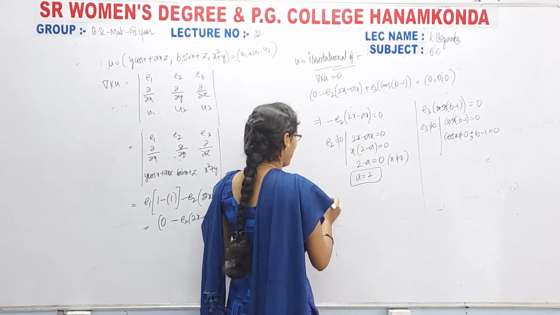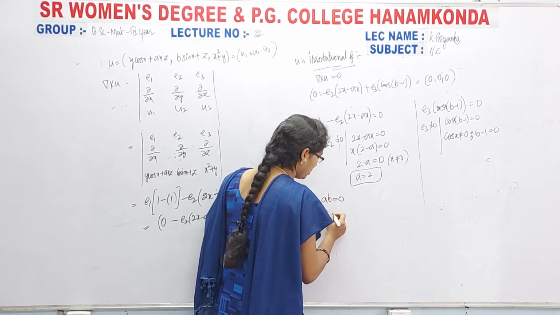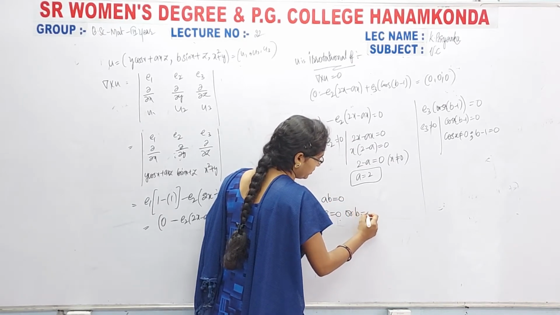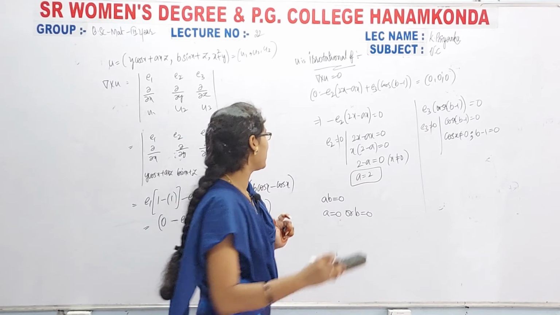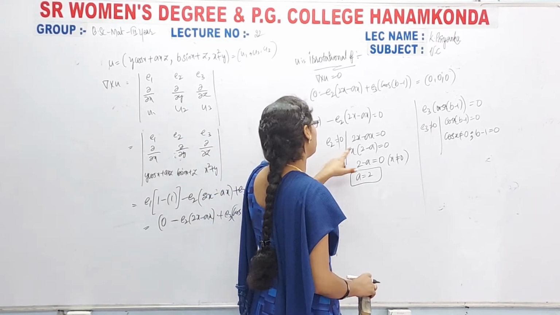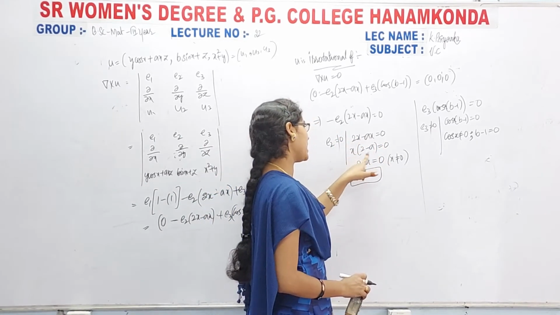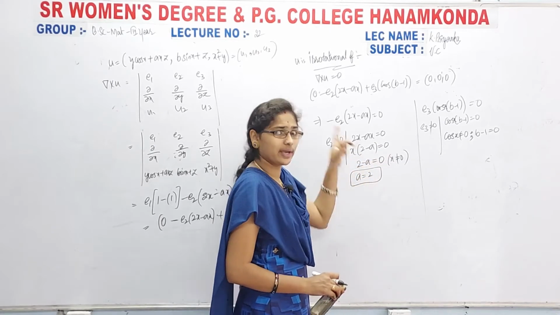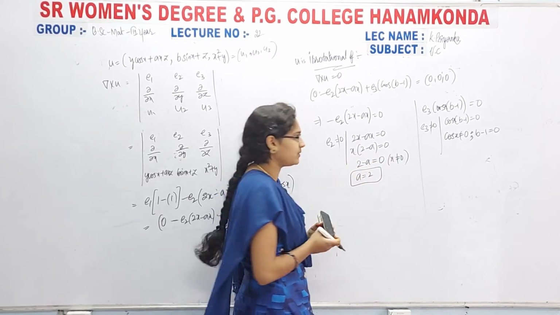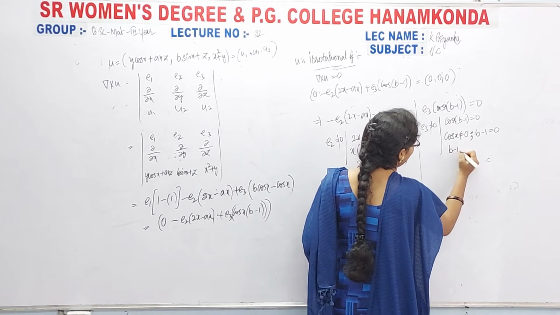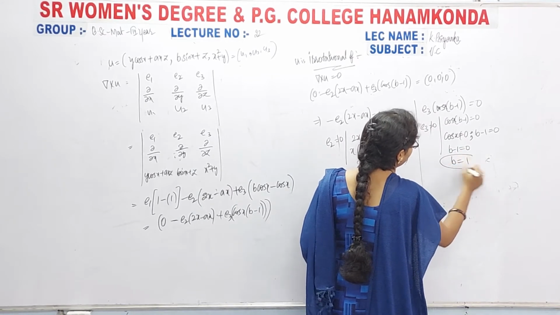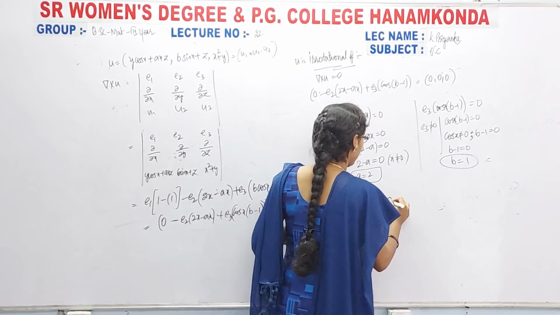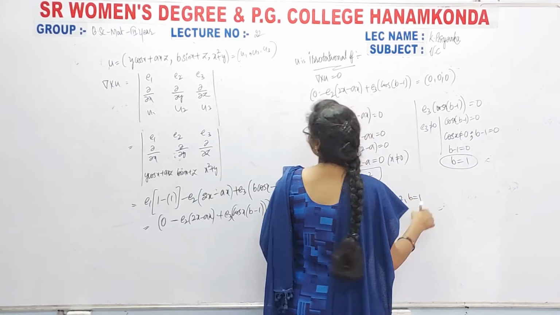If I have a into b is equal to 0, then a is equal to 0 or b is equal to 0, any one. So that is why I am taking e2 is not equal to 0, so this one is equal to 0. Again I am taking x of (2 minus a), so x is not equal to 0, so 2 minus a is equal to 0. In the same way, b minus 1 equal to 0 means b equal to 1. Therefore a is equal to 2 and b is equal to 1.